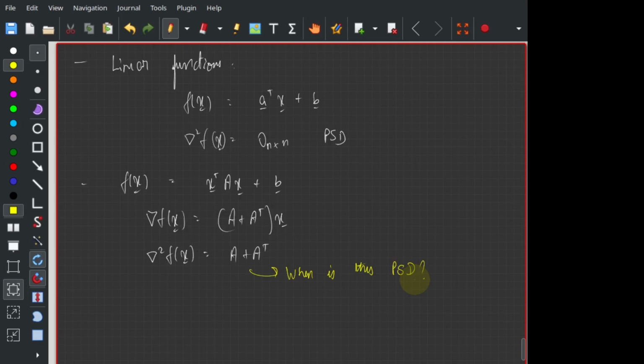So suppose A is minus the identity matrix. What is A plus A transpose? Is it PSD?